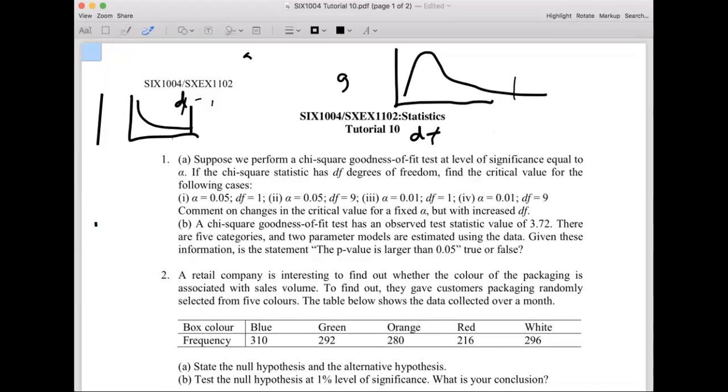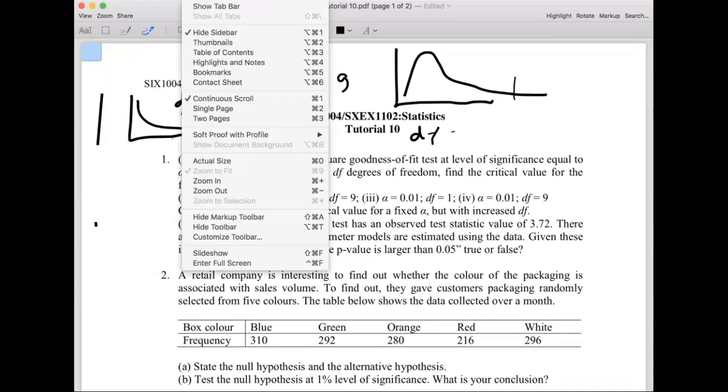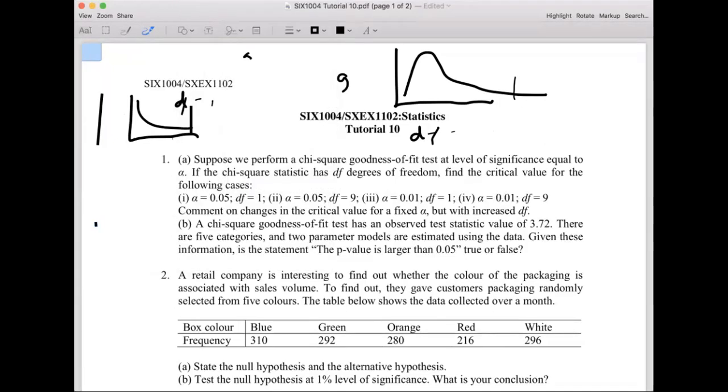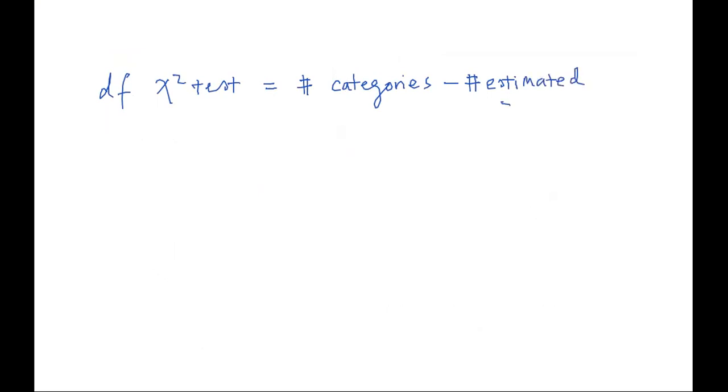The degree of freedom of the chi-square test is equal to, I think I should switch to the drawing board. Okay, let me just move. So the degree of freedom of the chi-square test, right, is equal to the number of categories, subtract the number of estimated parameters, then subtract 1.